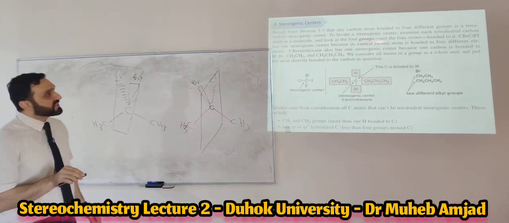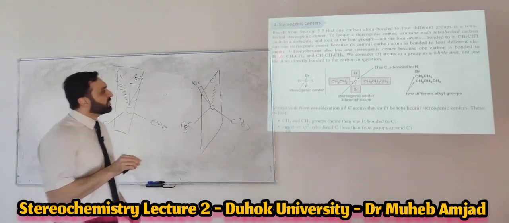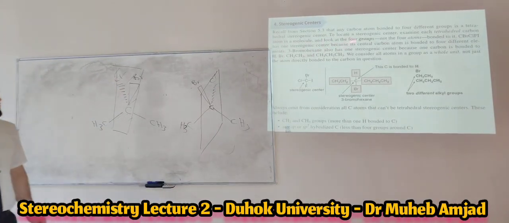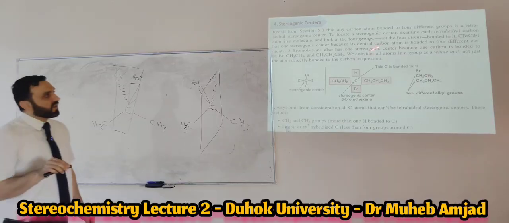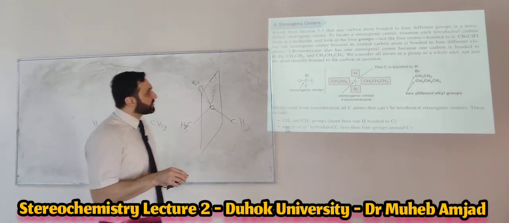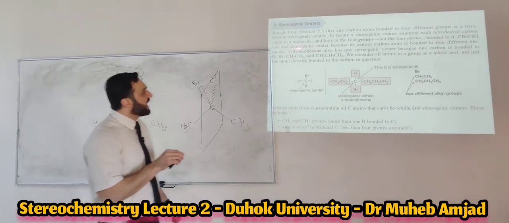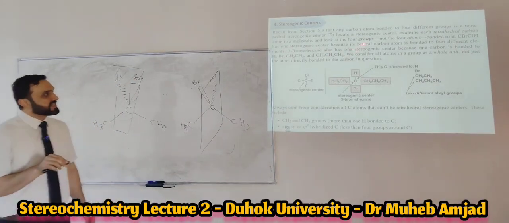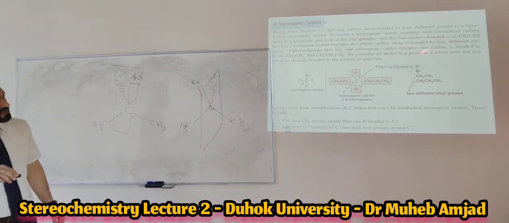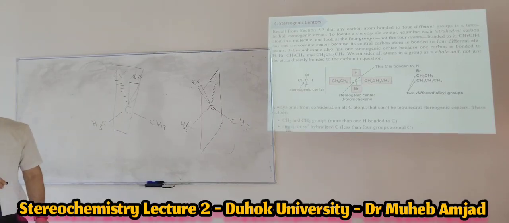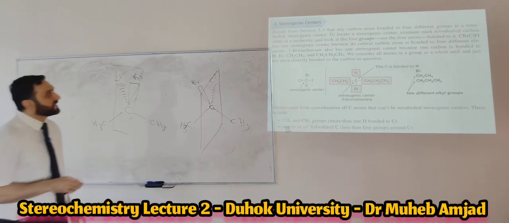To locate the stereogenic center, examine each tetrahedral carbon atom in the molecule and look at the 4 groups. For example, CHBrClF has 1 stereogenic center because the central carbon atom is bonded to 4 different elements, 4 different groups.